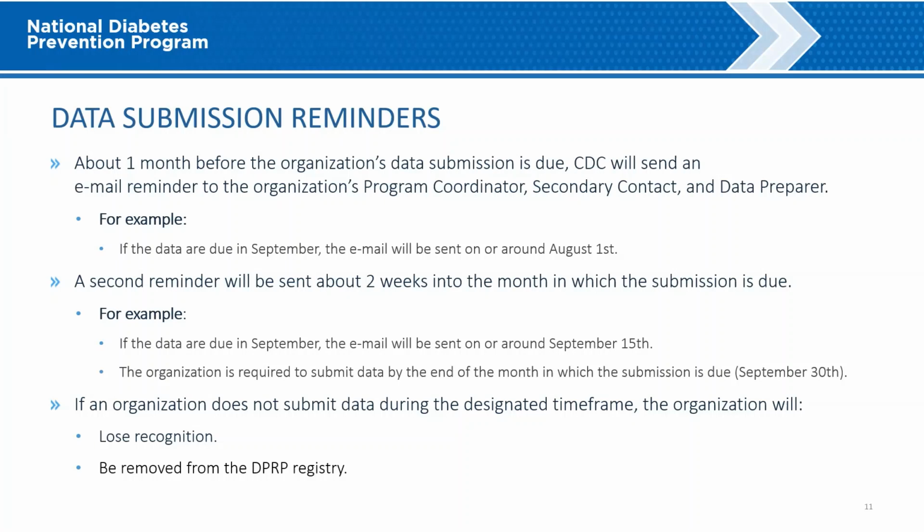A second reminder will be sent about 2 weeks into the month in which the submission is due. This reminder may not be necessary, given that most organizations submit data prior to this reminder. However, if the DPRP doesn't receive an evaluation data submission within the required timeframe, the organization will lose recognition and be removed from the DPRP registry.